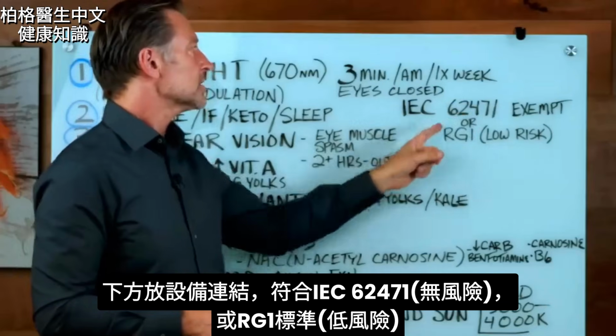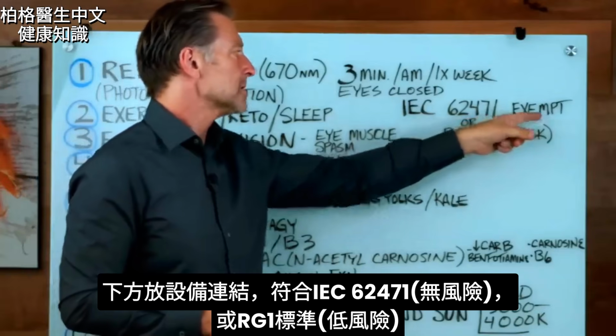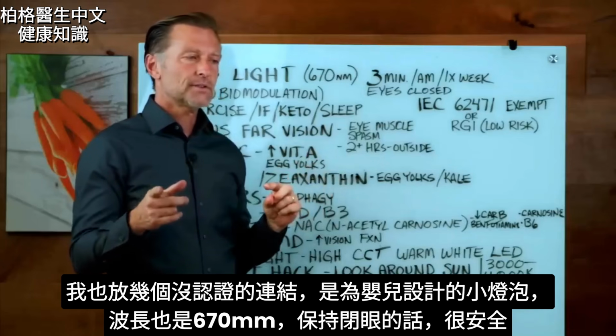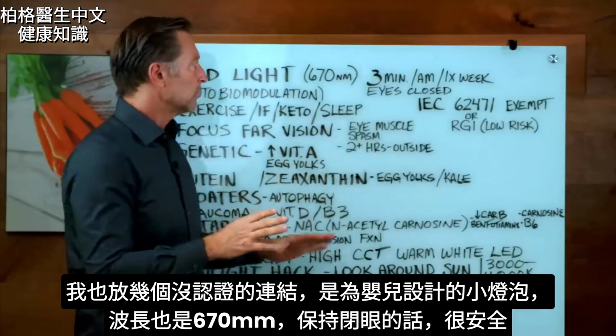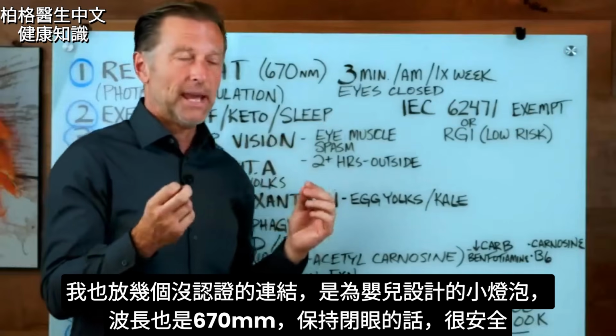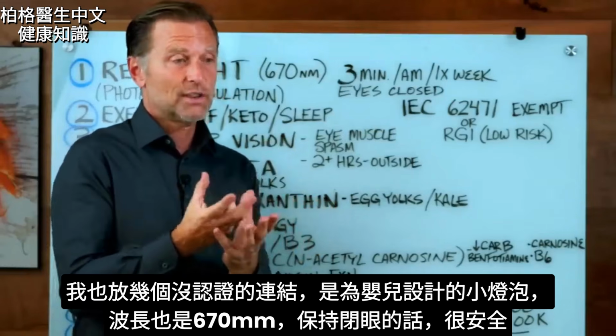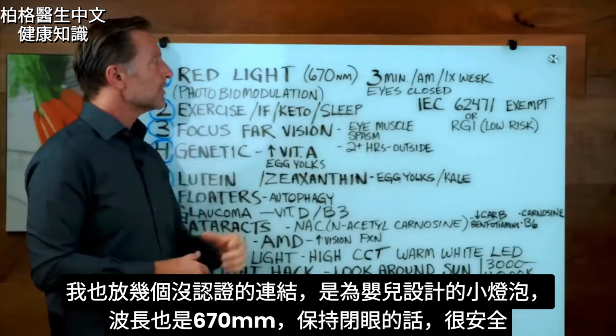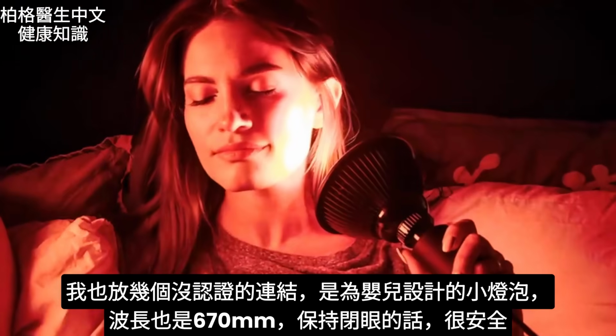It's IEC 62471 exempt or RG1 low risk. But I'm also going to put a couple other links of a couple other red lights that don't have this, but they're designed for babies and they're just one little bulb and they are specific to this frequency right here. So I think they're going to be pretty safe, especially if you keep your eyes closed.